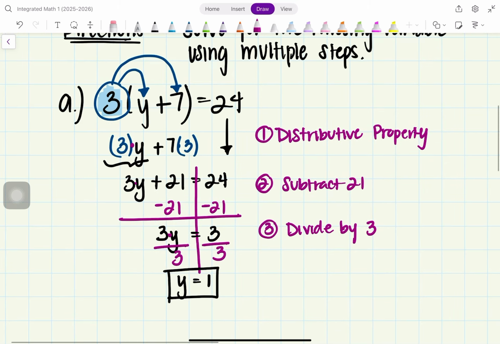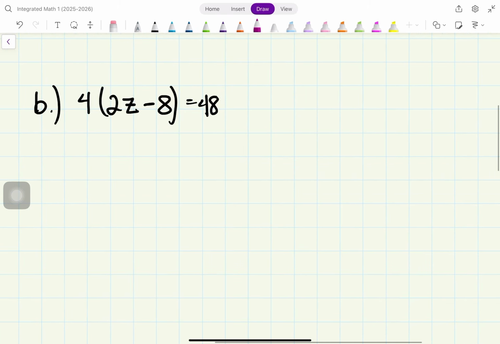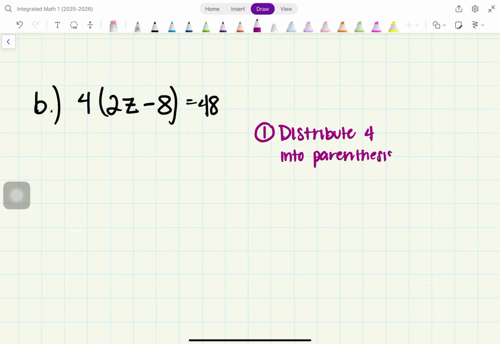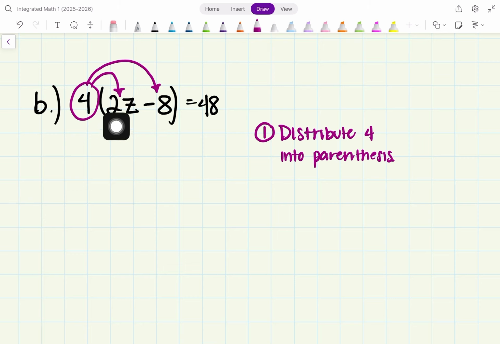So let's move on to the next one. Next one, I have 4 times the quantity 2z minus 8 is equal to 48. The first thing we're going to do, once again, is distribute. I'm going to distribute the 4 into the parentheses. Grab that number and multiply it inside. Notice whenever we multiply, we multiply it to the coefficient.